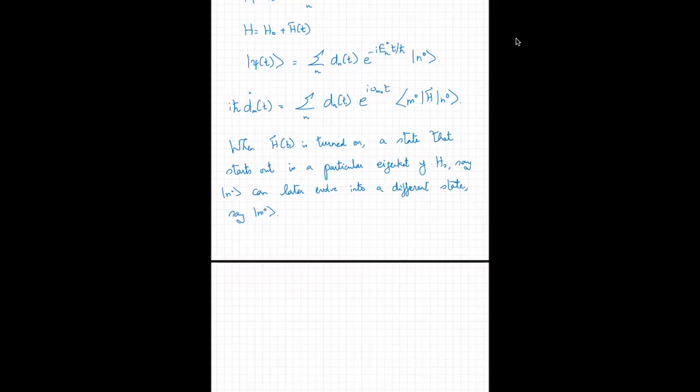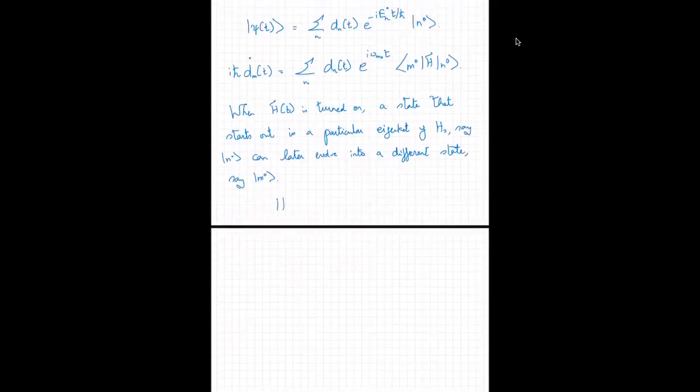So what do you mean by turning on the perturbed Hamiltonian? This is exactly what we did in time independent perturbation theory also, right? We started out with the Hamiltonian H, which is just H0, and then we added on some small perturbation H tilde, and we controlled it with some parameter lambda.